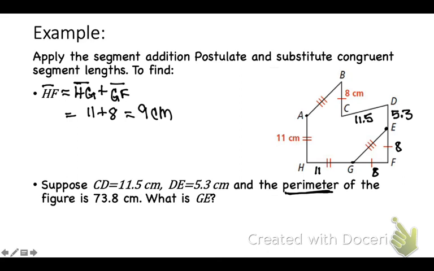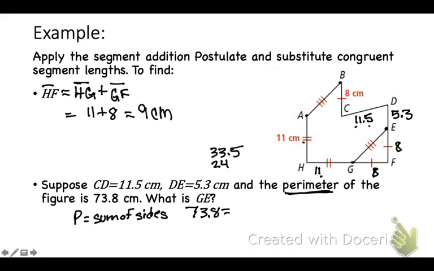So if I add up all my sides, perimeter equals the sum of the sides. So then it gives me 73.8 equals, well, I got 1, 2, 3 11s in the 0.5, so that gives me 33.5. And I have 1, 2, 3 8s, so that's 24.